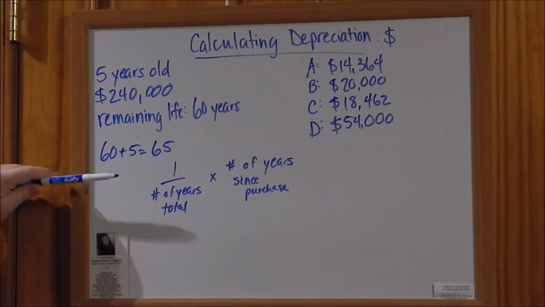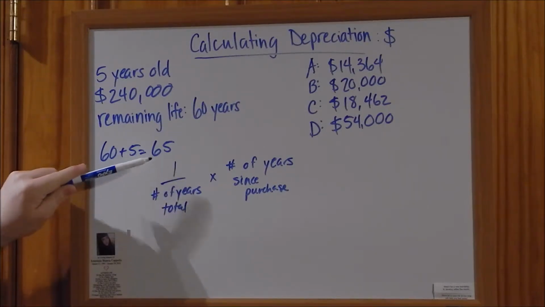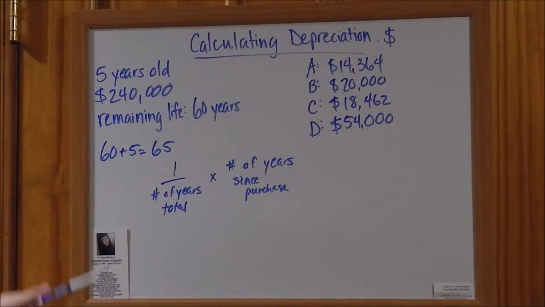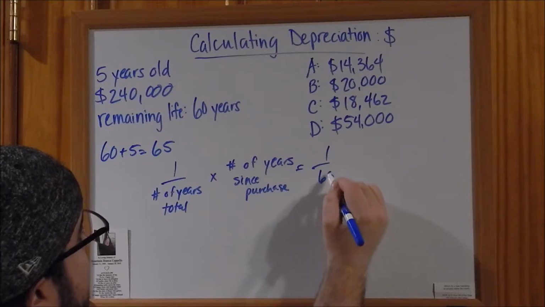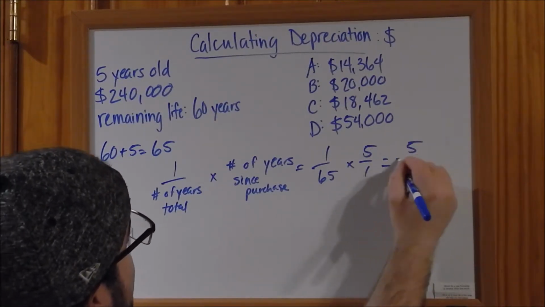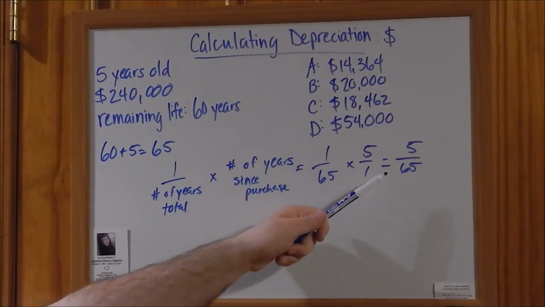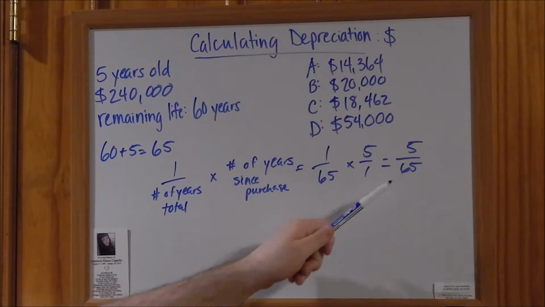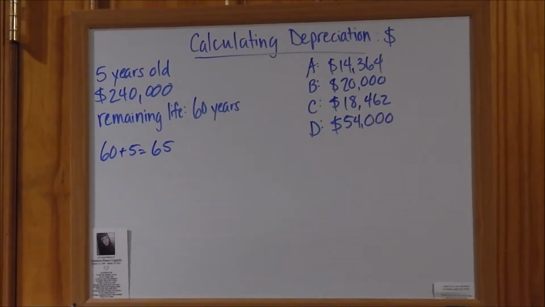To calculate the depreciation, we have 1 over the number of total years, 65, times the number of years since the purchase, which is 5. So that means we have 1 over 65 times 5 over 1 equals 5 over 65. Right? So this is our depreciation factor for this problem. I'm going to go ahead and rewrite it right here.